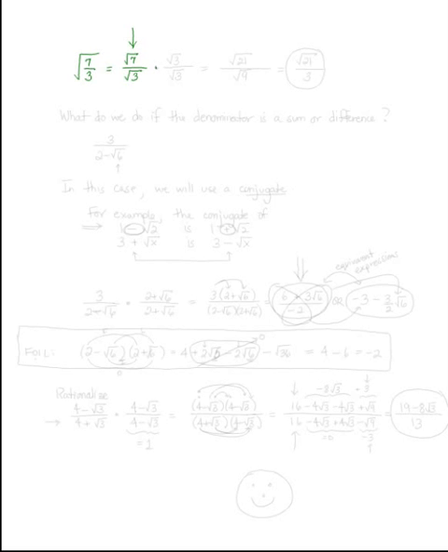So we're going to multiply both the numerator and the denominator by the square root of 3. We're okay with having square roots in the numerator. We just want to rewrite it without the square root in the denominator.